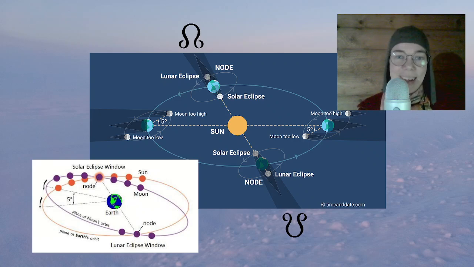Okay, so indeed, if you want to hear about the current or last year's nodes, you can look at my older videos for the collective transits, where I've talked about them.